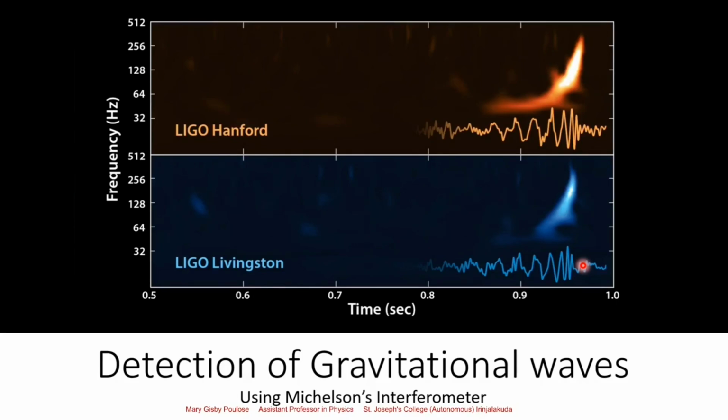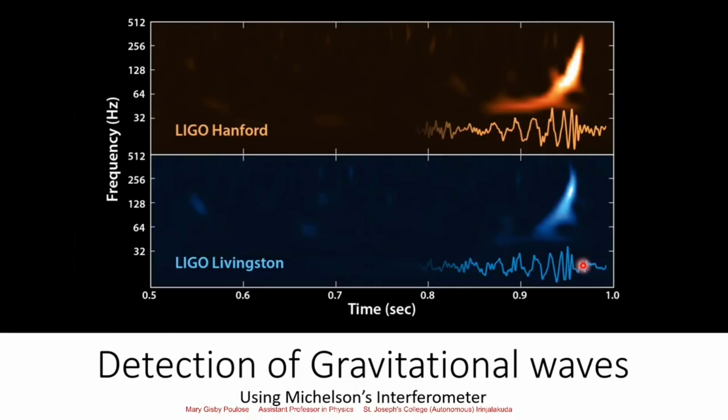So when that cosmological event happened, the space-time fabric, that is the space-time curvature, got ripples in it, and those ripples have traveled across millions of light years and have reached us as feeble gravitational waves.